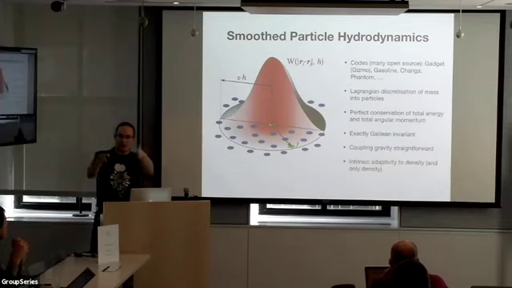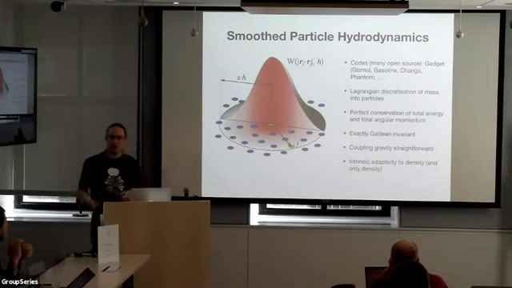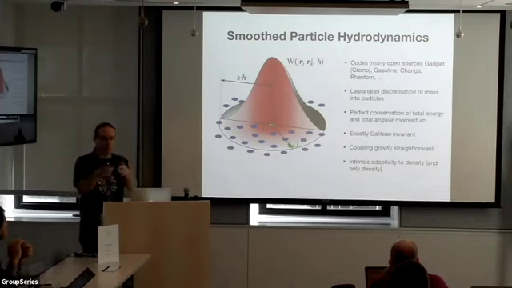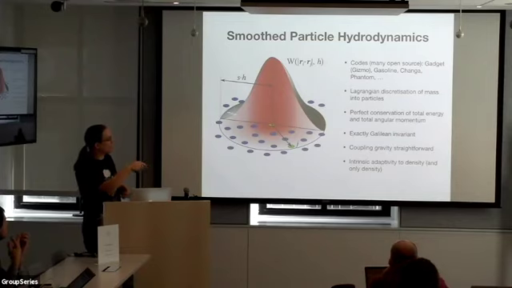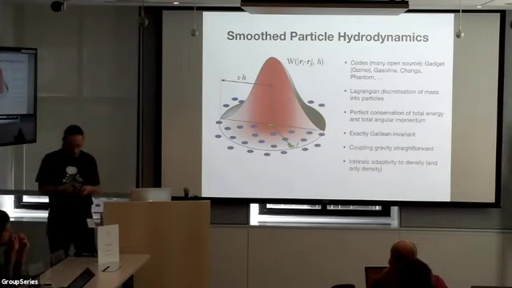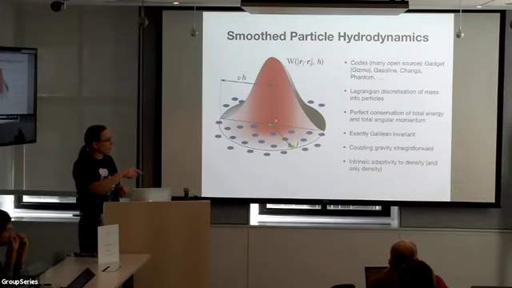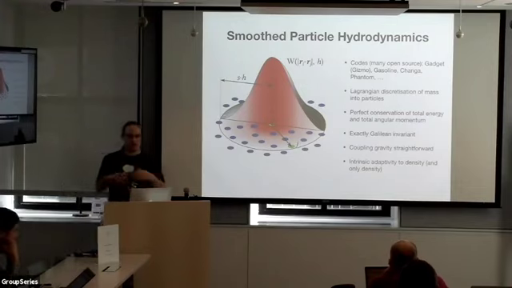So if they're further apart in a lower density region, you smooth over larger scales, and in a high density region you smooth over smaller scales. You call this the smoothing radius, and it is the typical scale on which your hydro quantities are well defined.